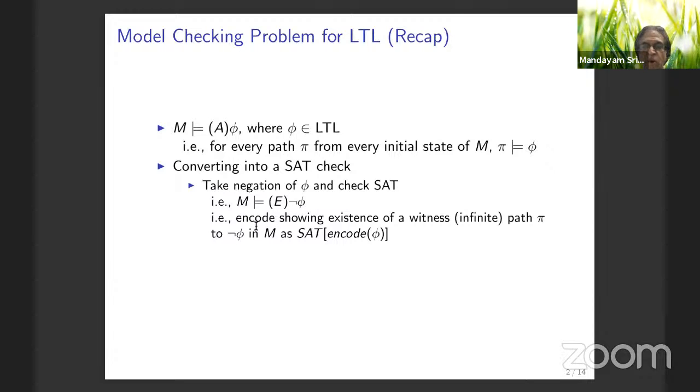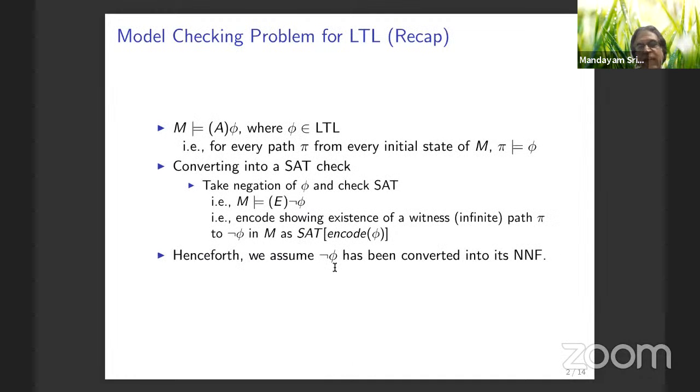So the problem now lies in encoding, as a SAT problem, the existence of a witness, an infinite path in M satisfying not phi. So you need to find a way of encoding the LTL formula for this purpose.